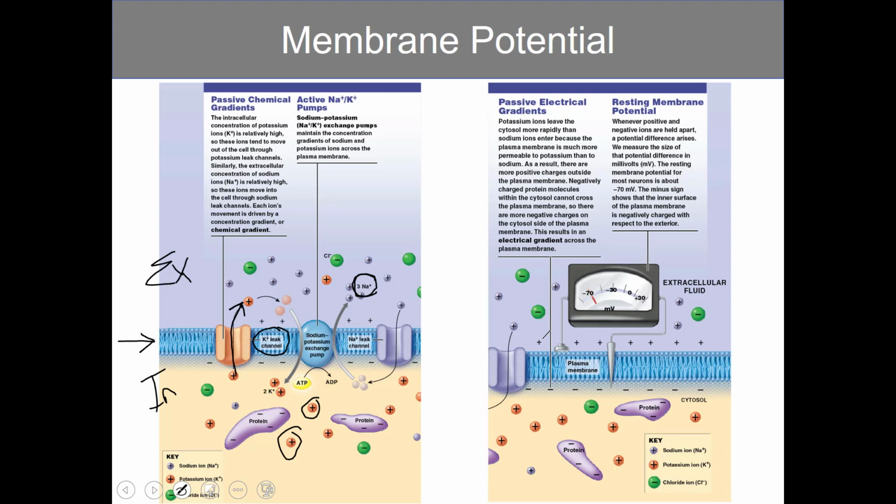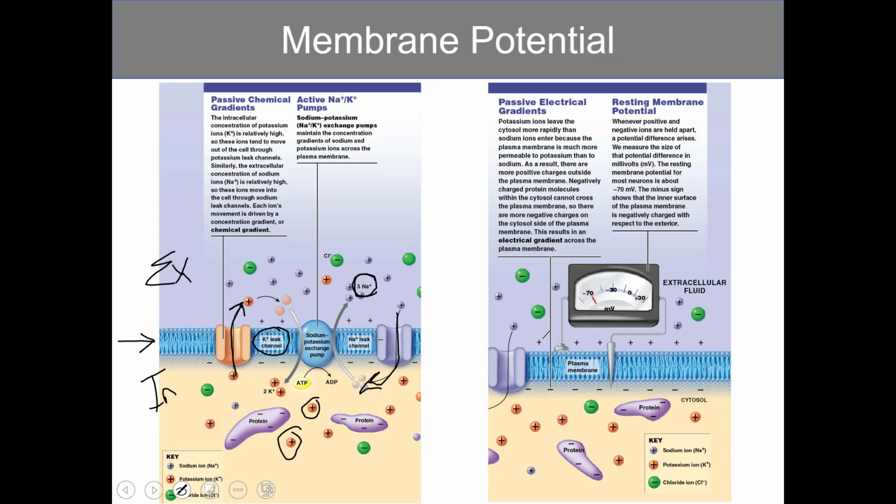So if you have a lot of sodium outside of the cell, it wants to equilibrate. It wants to move inside of the cell, and these sodium ions are going to be moving in through these sodium leak channels. In the same fashion, potassium ions are highly concentrated inside of the cell, and they too want to reach a state of equilibrium. So they're going to move through potassium leak channels outside of the cell in order to reach a state of equilibrium.